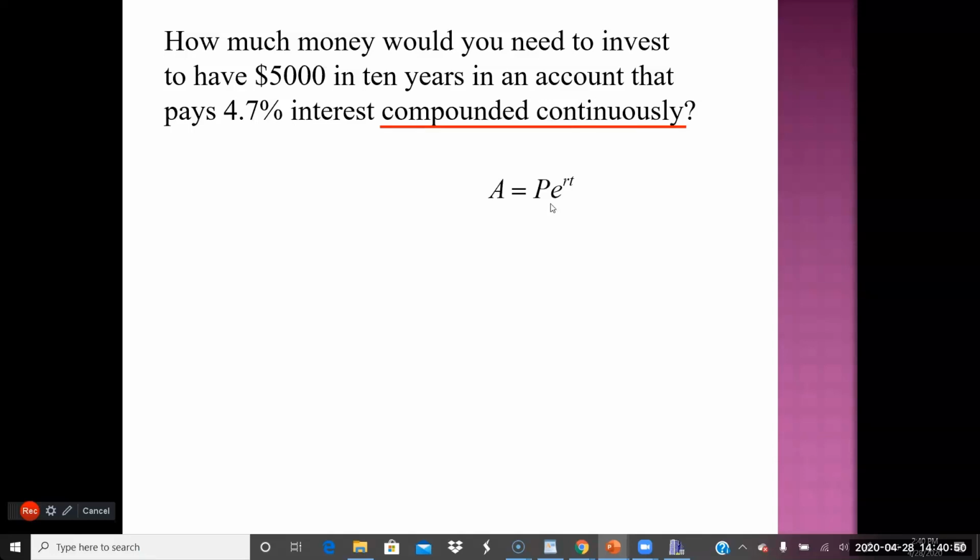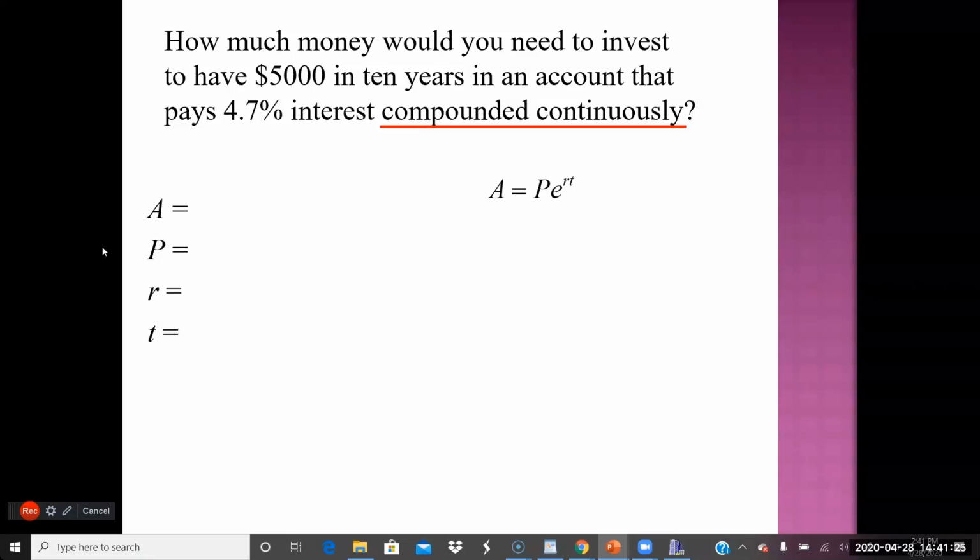Actually, this is easier than the other one. You don't have addition and things; you're just multiplying and dividing everything. Same thing, if you want to get P by itself, your goal is to figure out how much I need to put into my account so that I can accomplish $5,000 in 10 years.